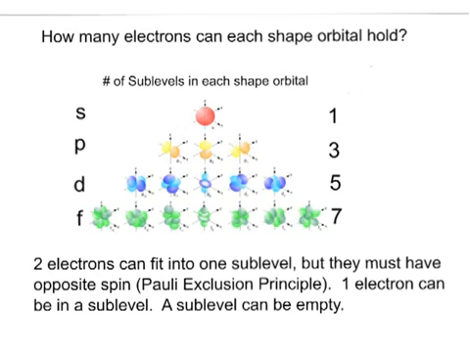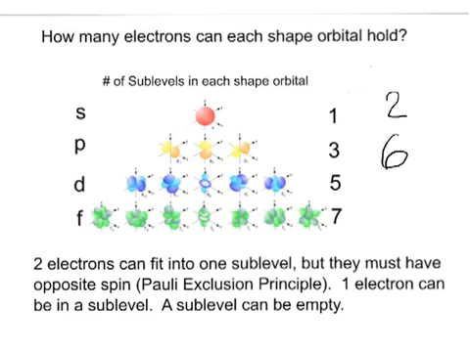Now let's take the p orbital right here. It has 3 sublevels. How many electrons would those 3 sublevels be able to hold? Remember that each of those sublevels can hold 2 electrons. If you answered 6, you were correct.